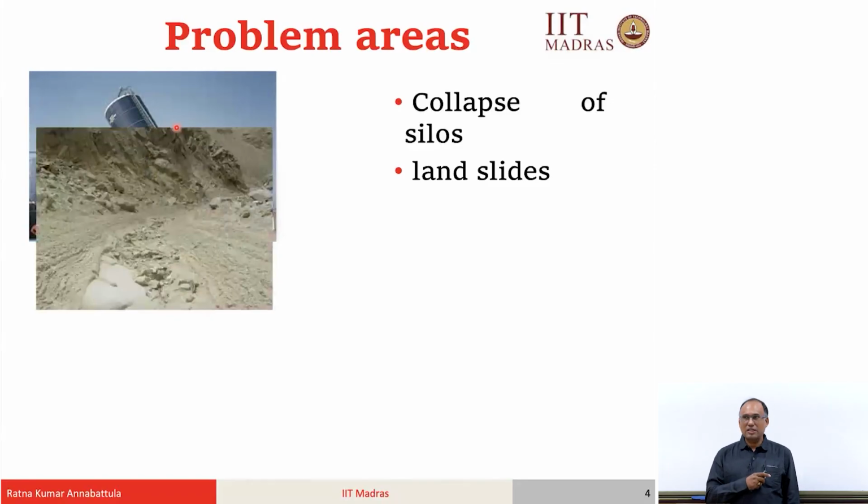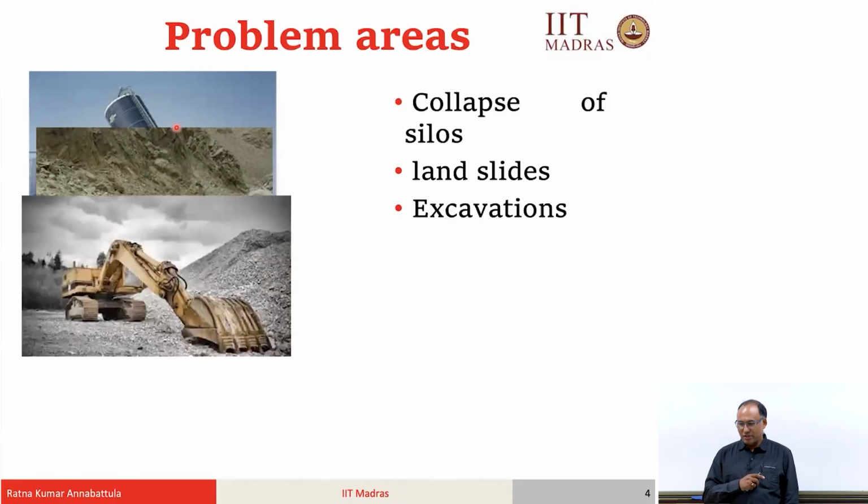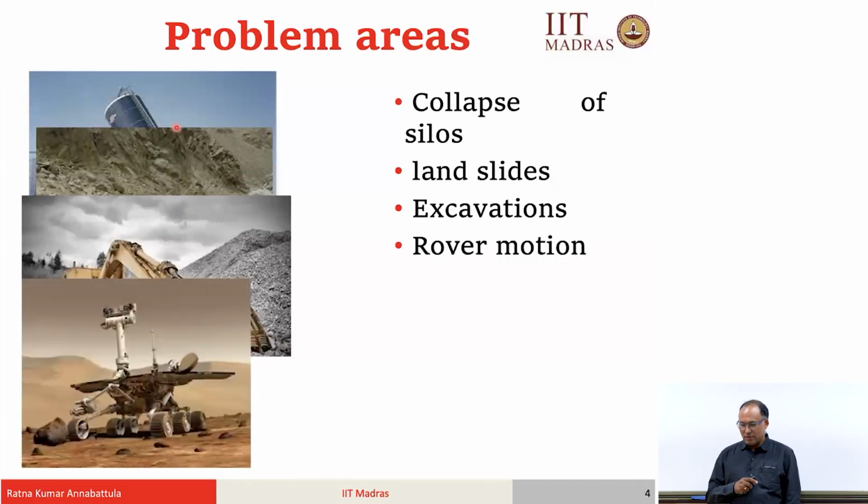Landslides, for geotechnical engineers, one needs to understand how landslides take place in order to minimize the loss to human life as well as property. Excavations, how do you design the machinery in order to improve the efficiency of excavation, and rover motion. So, these are all the problem areas that are of interest.